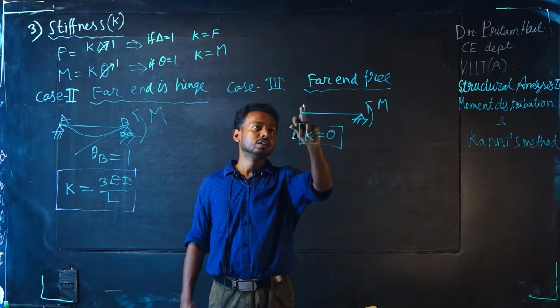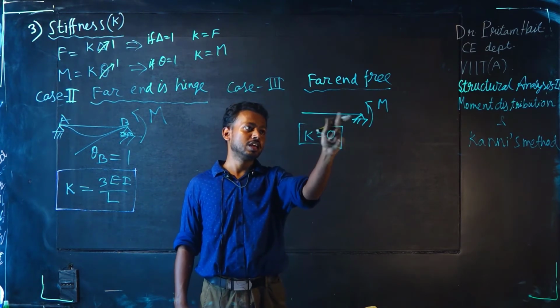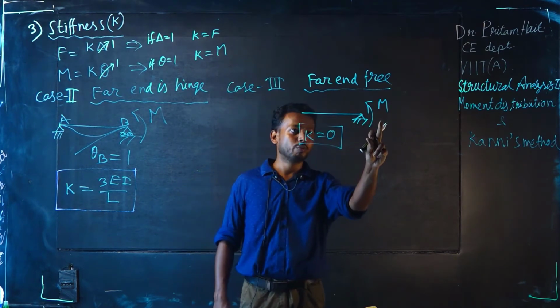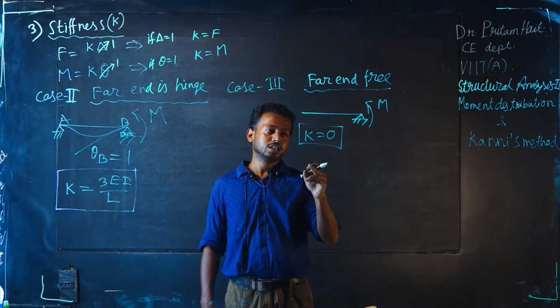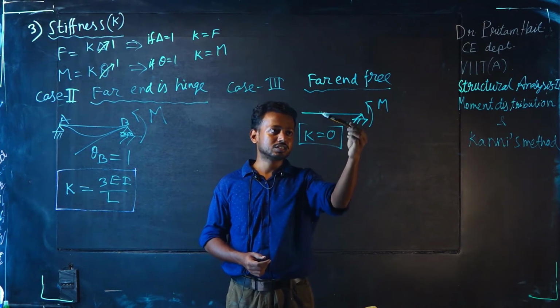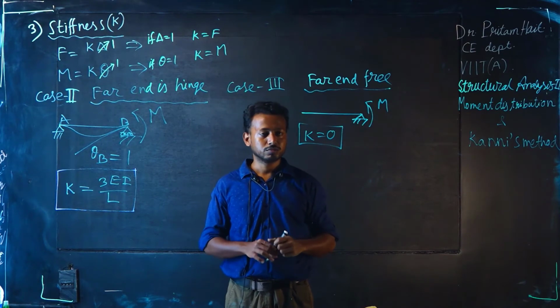Now case 3, if the far end is free and this is a hinged joint, if you apply M moment, what will be the stiffness? You can see this is an unstable structure. In this unstable structure, this member will fall down at any time.